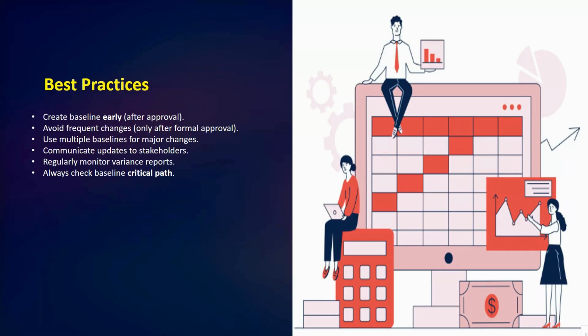And finally, always check the critical path in the baseline, as this determines whether the overall project completion date is at risk. By following these best practices, you ensure that baselines remain a reliable and effective tool for project control.